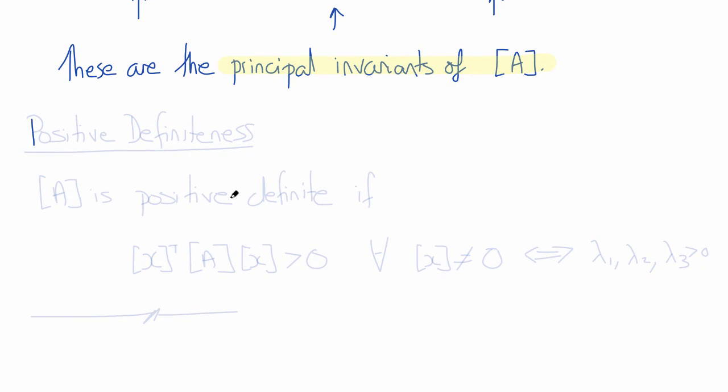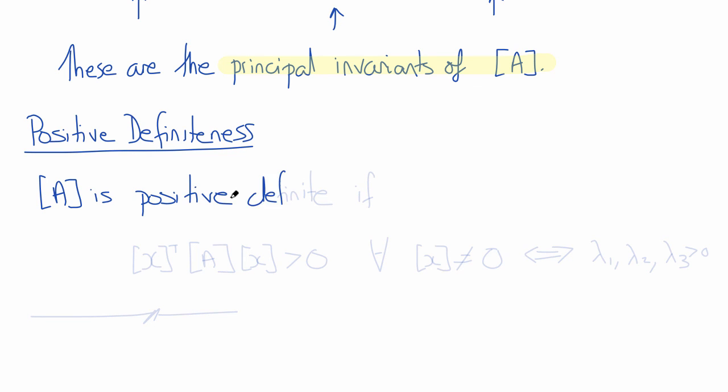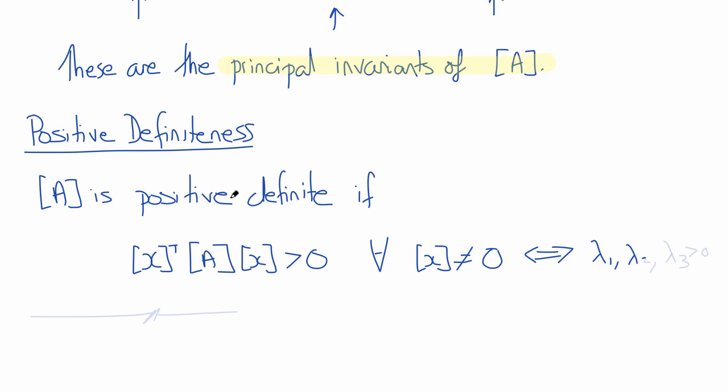Finally, let's just review the concept of positive definiteness. The matrix A is positive definite if the product of the row matrix x transpose, times A times the column matrix x is greater than 0, for all values of x not equal to 0, which in turn implies that lambda 1, lambda 2, and lambda 3 are all greater than 0.